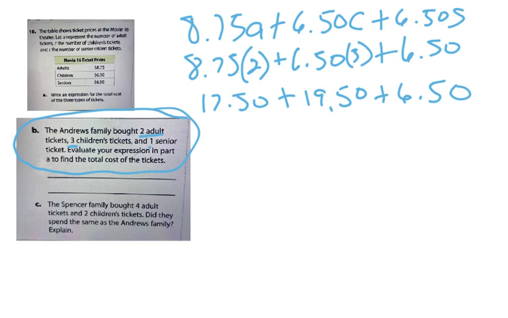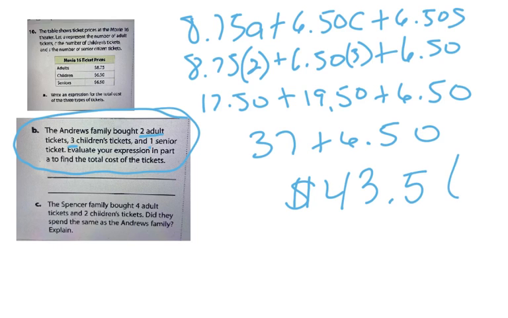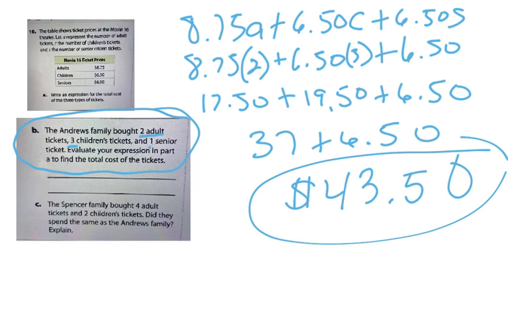Okay. Then I'm going to combine my $17.50 and my $19.50. And I get $37. I'm going to bring down my $6.50. Then I'm going to add that together, and I'm going to get a total cost of $43.50 for the Andrews family.